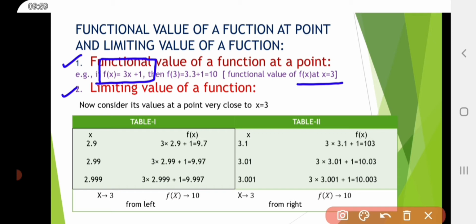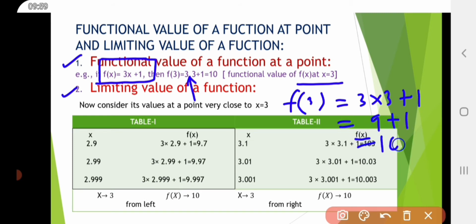Then you just put x equal to 3 in this function. Then we have f of 3 equal to 3 into 3 plus 1, which is 9 plus 1 equal to 10. And this is called the functional value of f of x at x equal to 3.